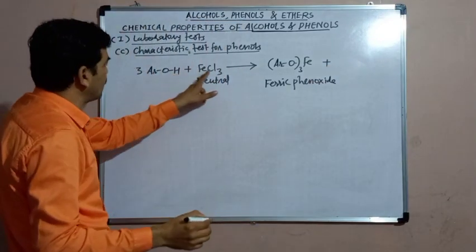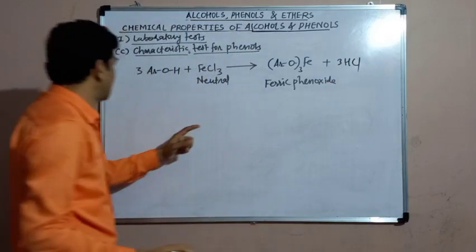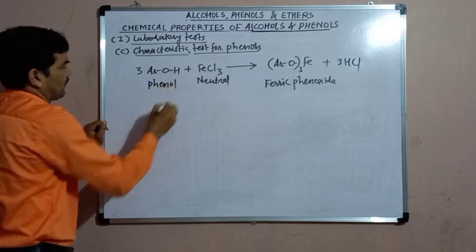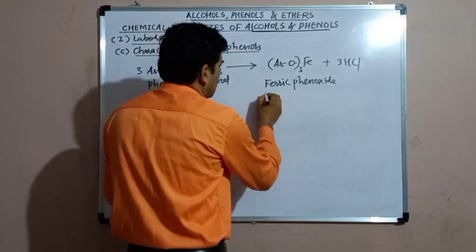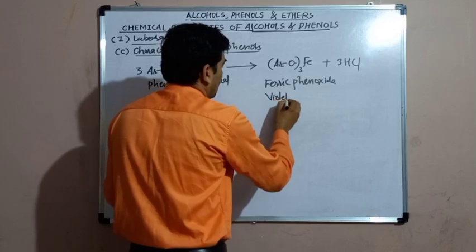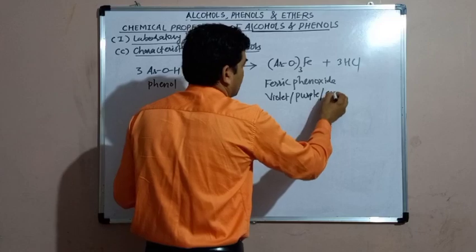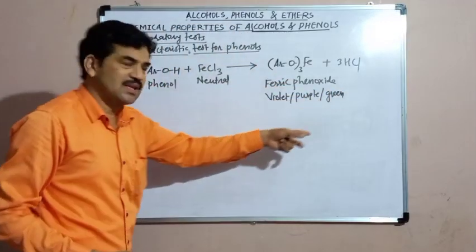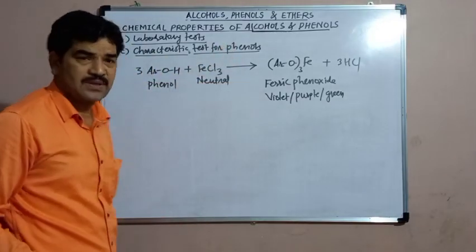Three hydrogen atoms and three chlorine atoms are converted to HCl. In this way, when phenol is reacted with neutral ferric chloride solution, there is a formation of ferric phenoxide. This ferric phenoxide has violet, purple or green color. Whenever the color appears, we can say that the given compound is phenol. So this is the characteristic test for phenols.